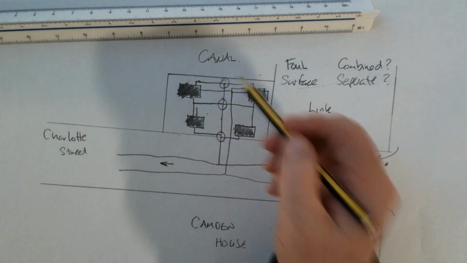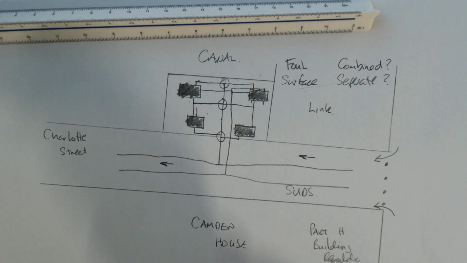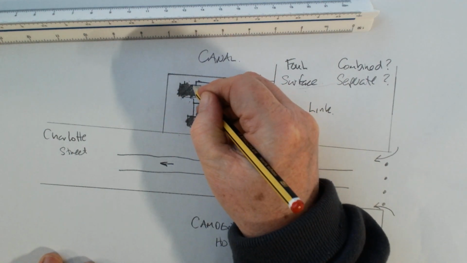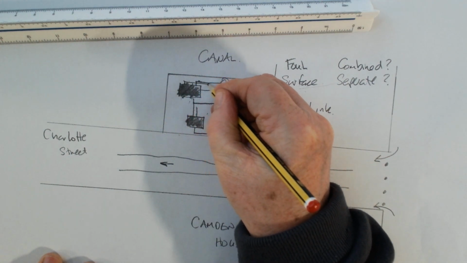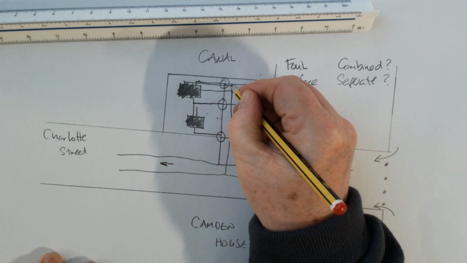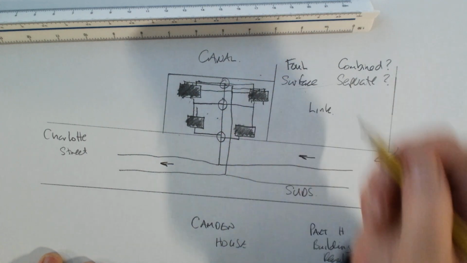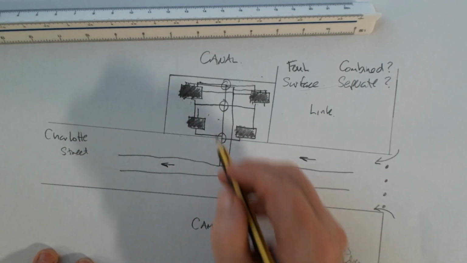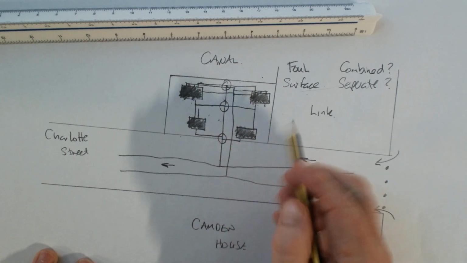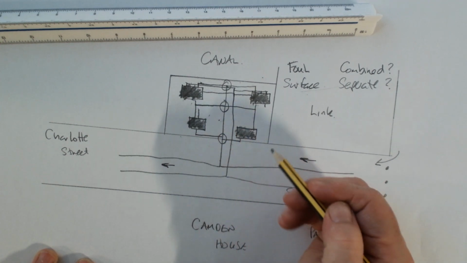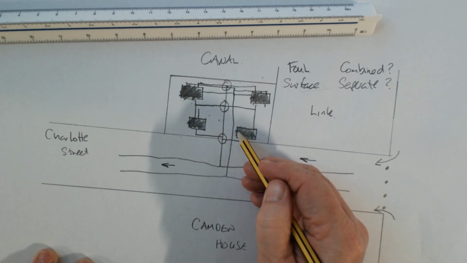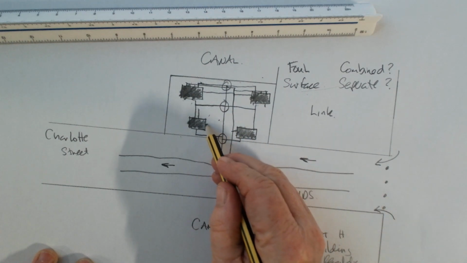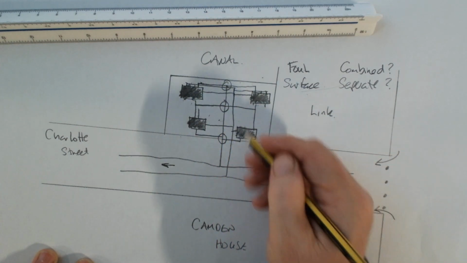And you can start to connect it up, and what it does is you're starting to visualize it. So you've got a bathroom here, and maybe the kitchen here, and you're linking it into the foul water. It's a little bit more complicated, I know. Again, maybe you've got a toilet downstairs here and a toilet downstairs here, so you would link it here and you would link it here.